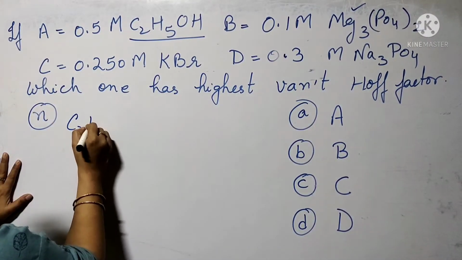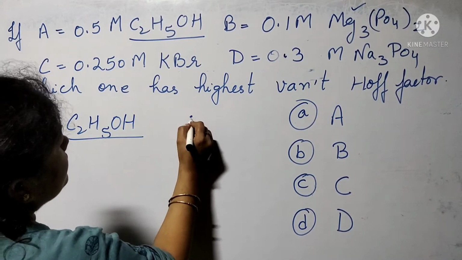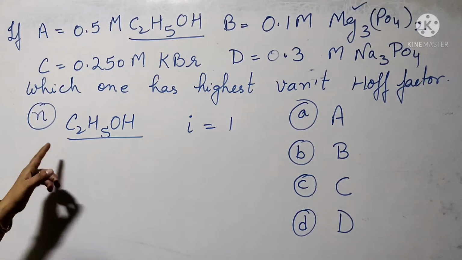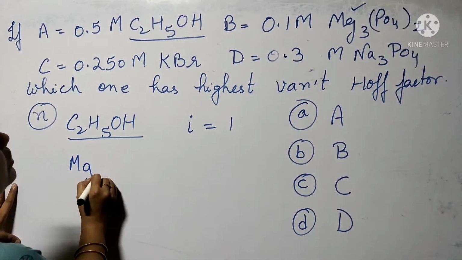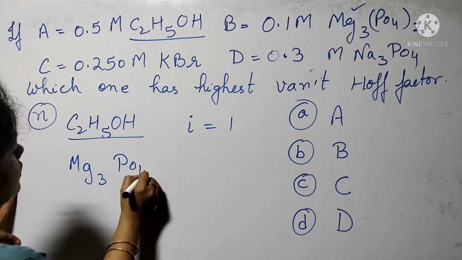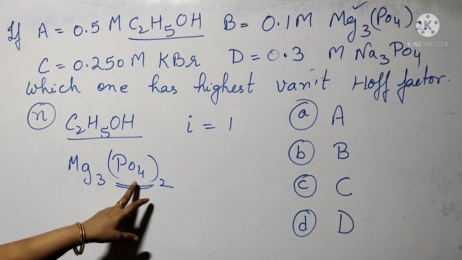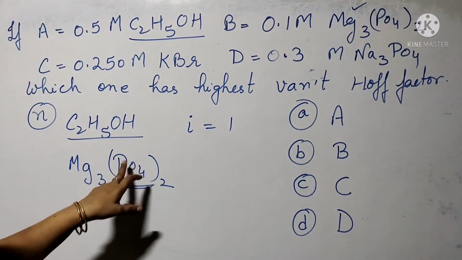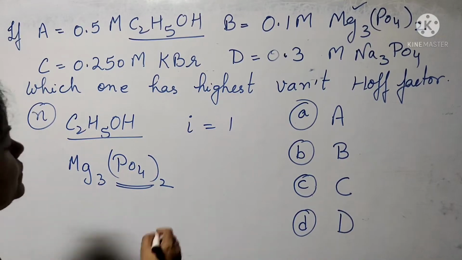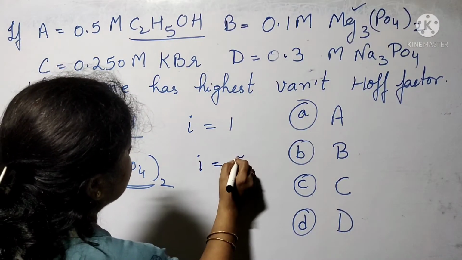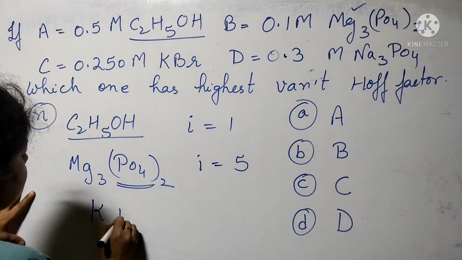So for C2H5OH, we have Van't Hoff factor 1 because this is an organic compound. Now the second one, Mg3(PO4)2. Here phosphate is taken as a whole, so the number of ions is 3 plus 2, which is 5. So i is equal to 5. Similarly, we have KBr.